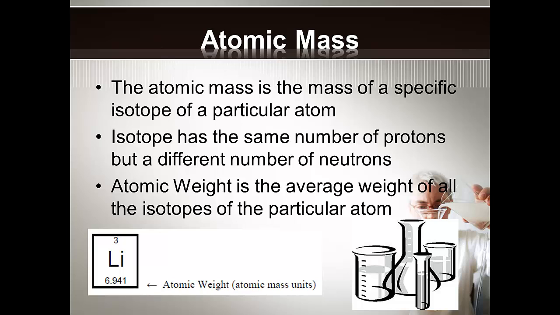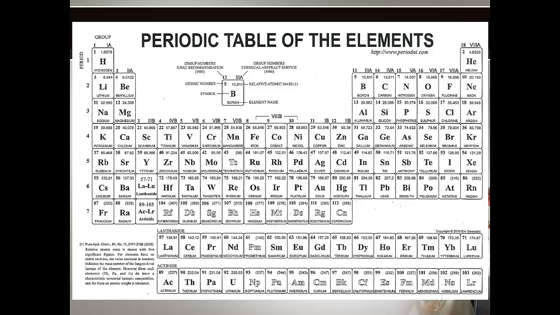Now remember, an isotope has the same number of protons but a different number of neutrons, and we're going to get an average weight, and these are the atomic weights that we use in chemical calculations. You can see here, for example, that nitrogen has an atomic weight or a relative atomic mass of 14.007. This is an average of the masses of the naturally occurring isotopes.